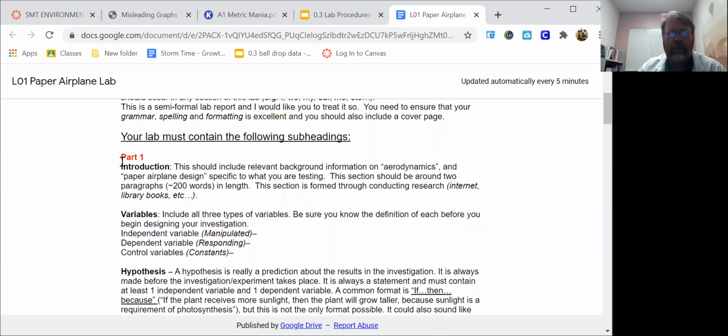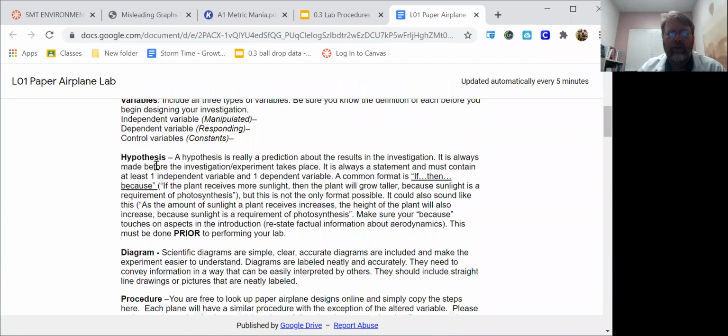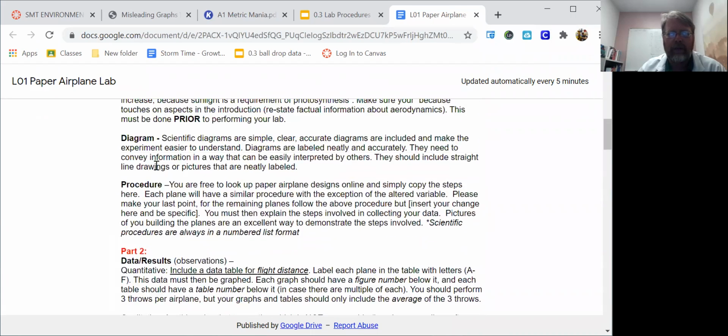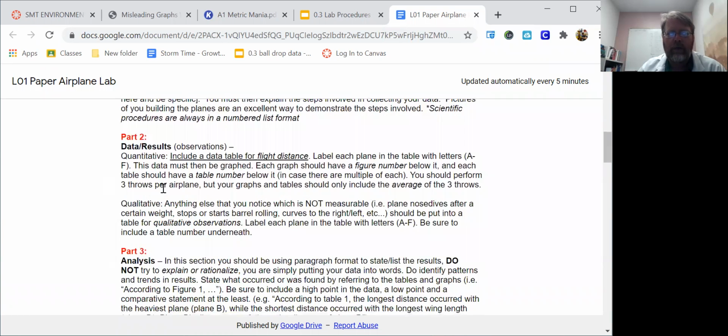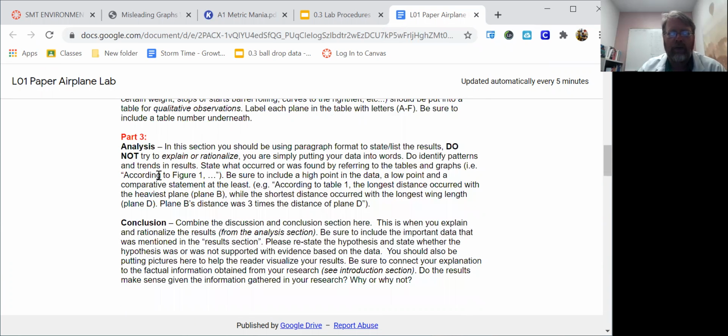Part 1, the part that's due Monday, includes your introduction, your variables, your hypothesis, your diagram, and procedure. After we've passed your procedure on to someone else, then between Monday and Thursday you'll do part 2, and after Thursday you'll do part 3.